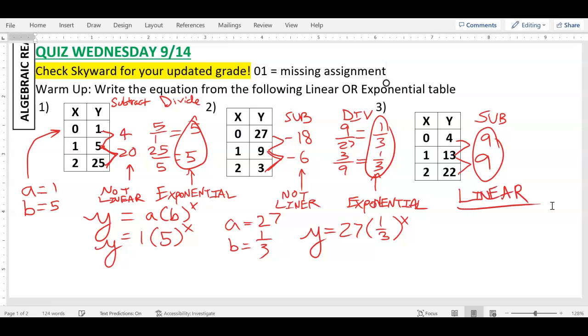What's the easiest way to get a linear equation from a table? Using your calculator. Do you remember what buttons we press? Spreadsheet. Y'all remember going to spreadsheets, doing menu 413? Are y'all with me?